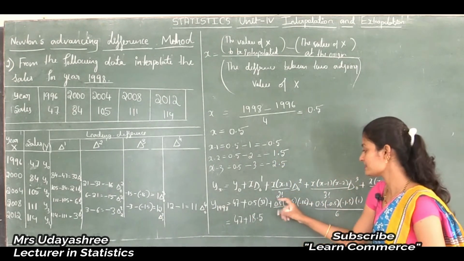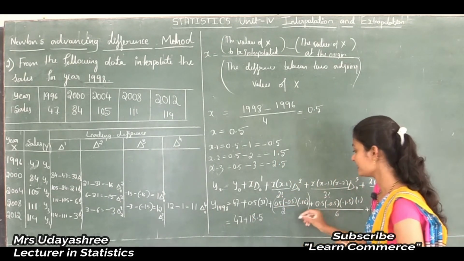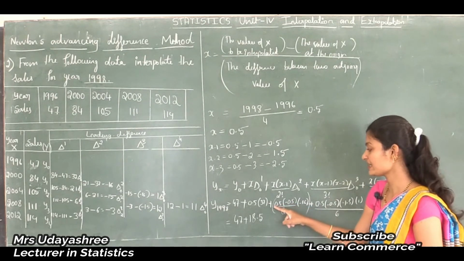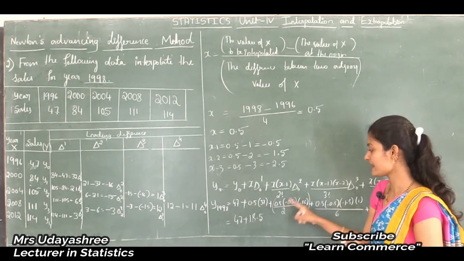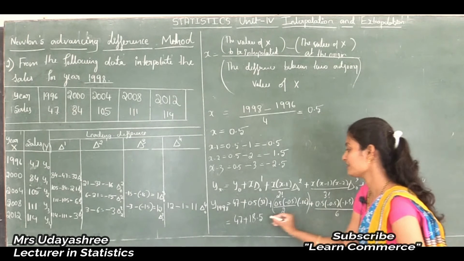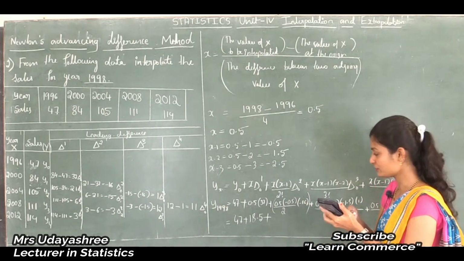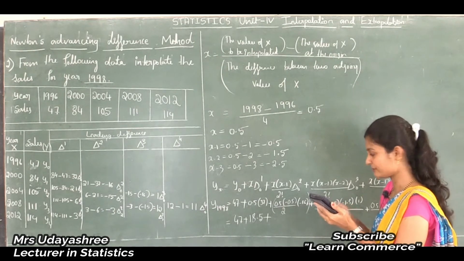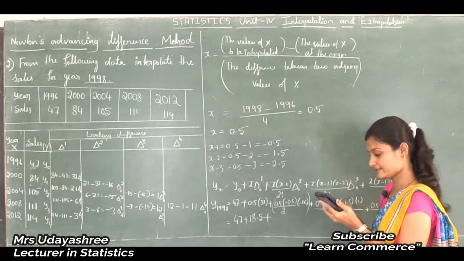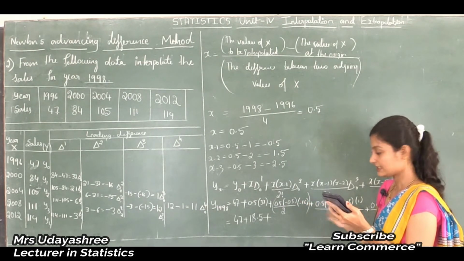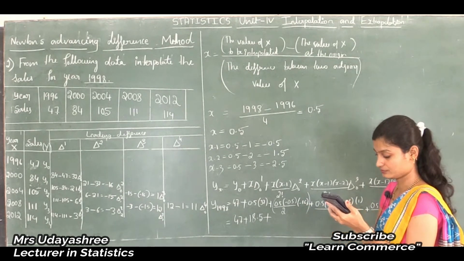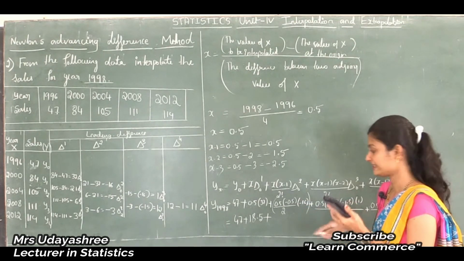Next, in this term, plus into minus, minus into minus is plus, therefore the sign is plus, and the values are 0.5 into 0.5 into 16 divided by 2, that is 2.